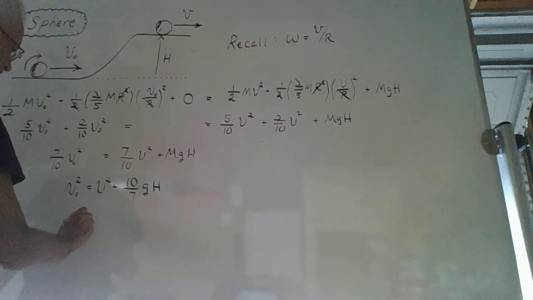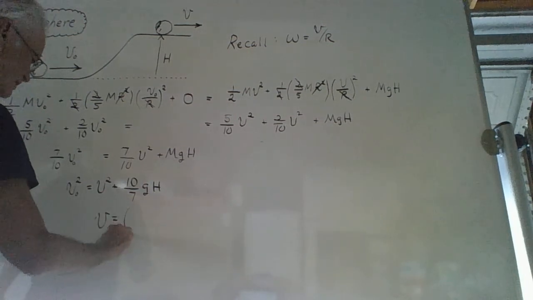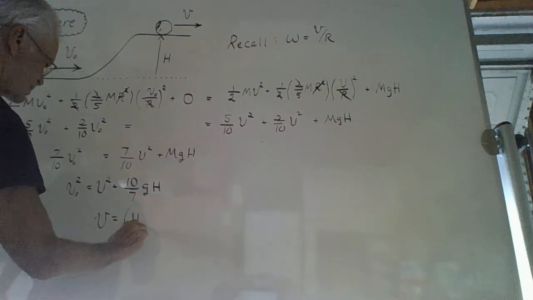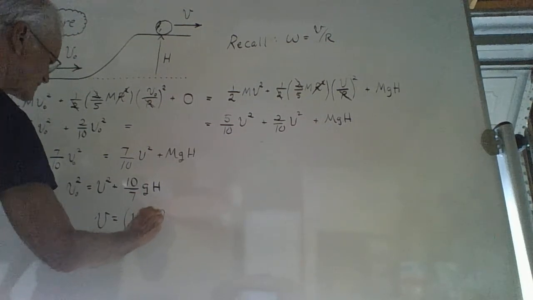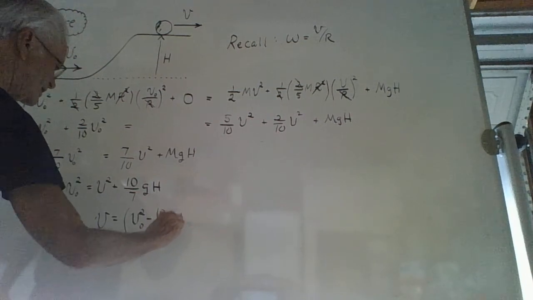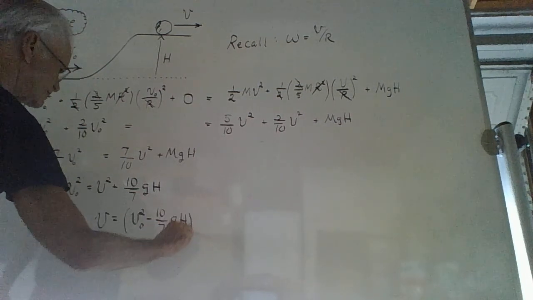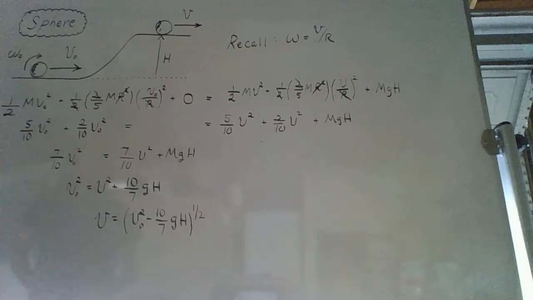We have that v equals parentheses v naught squared minus 10/7 gh, raised to the 1/2 power. Final result.